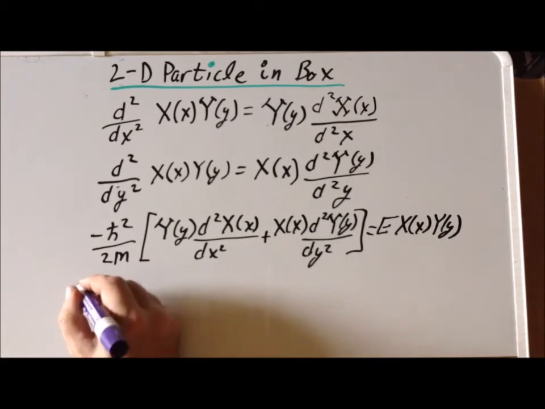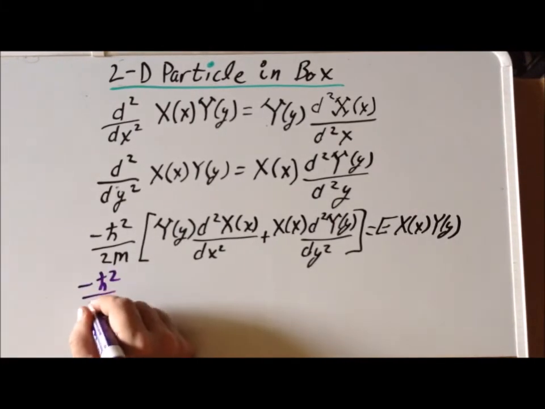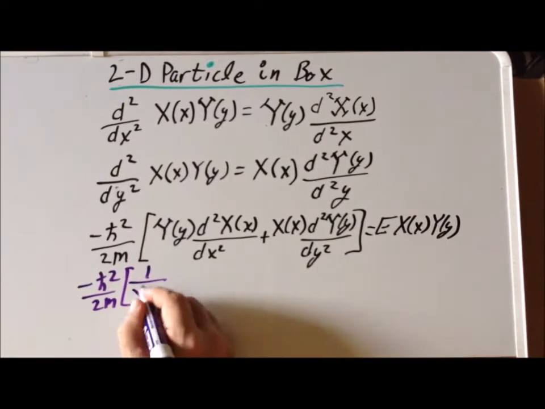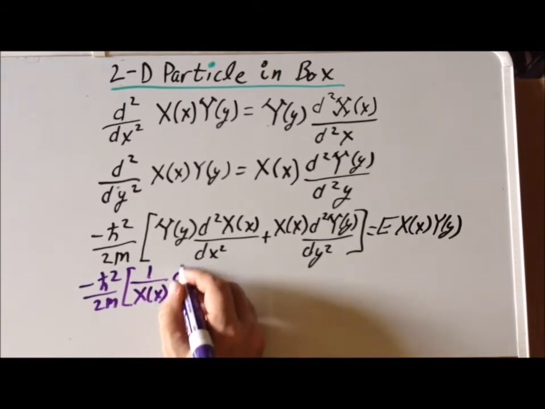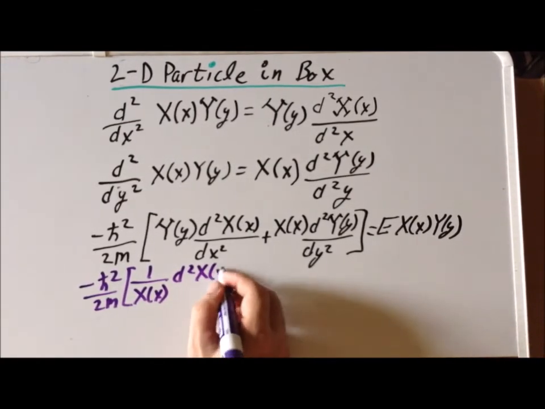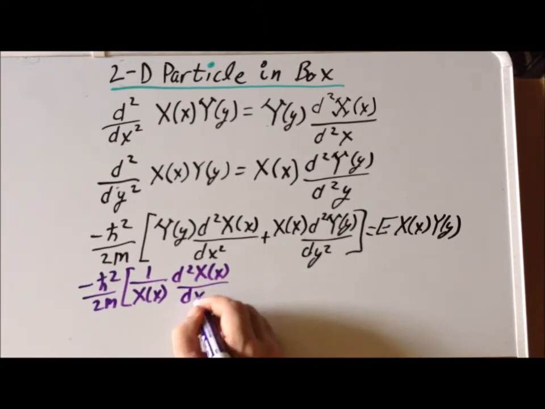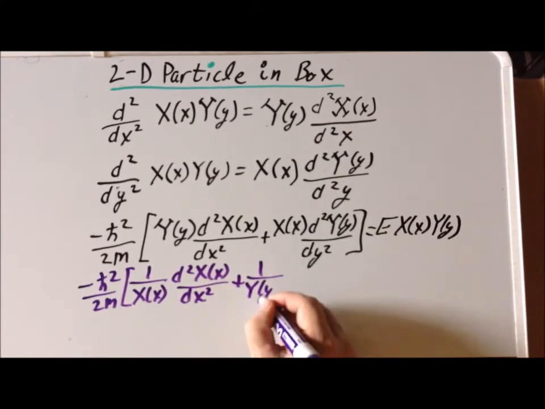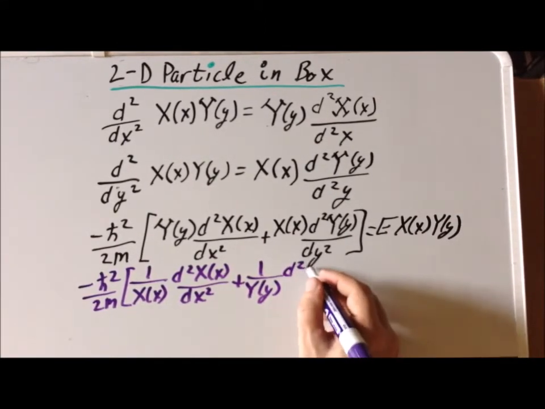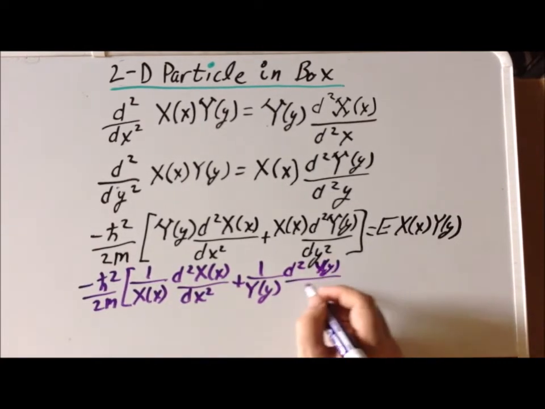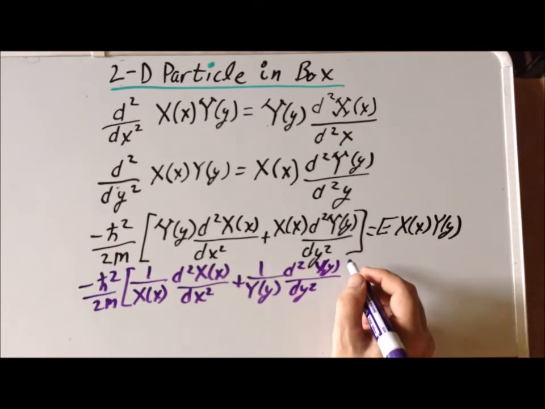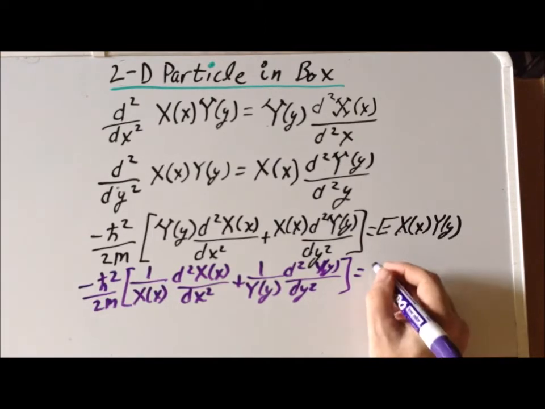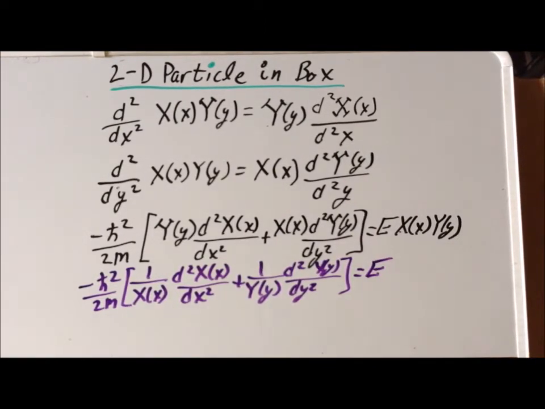Minus h bar squared over 2m, then we get 1 over big X of x times the second derivative of X with respect to x plus 1 over big Y of y times the second derivative of Y with respect to y. And then the right hand side, because we divide it by big X of x, big Y of y, we get simply E on the right hand side. And that is the key feature of the derivation.